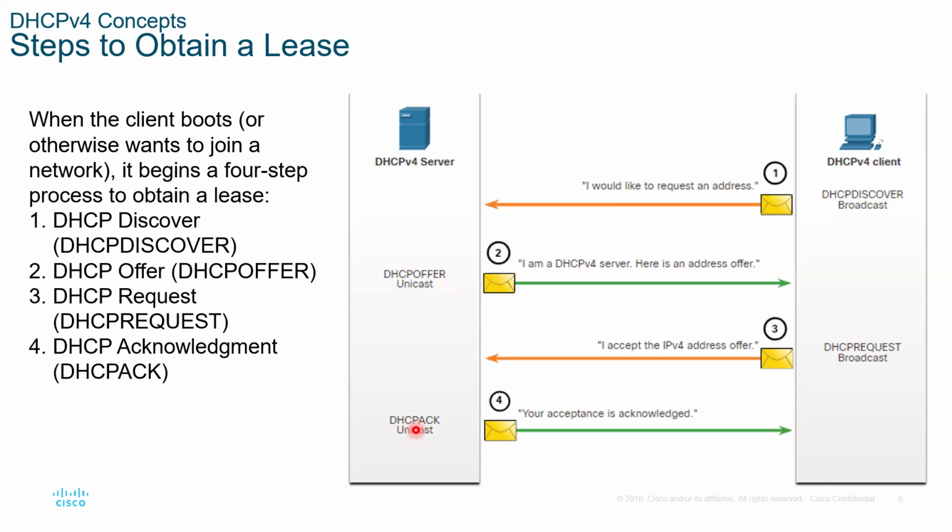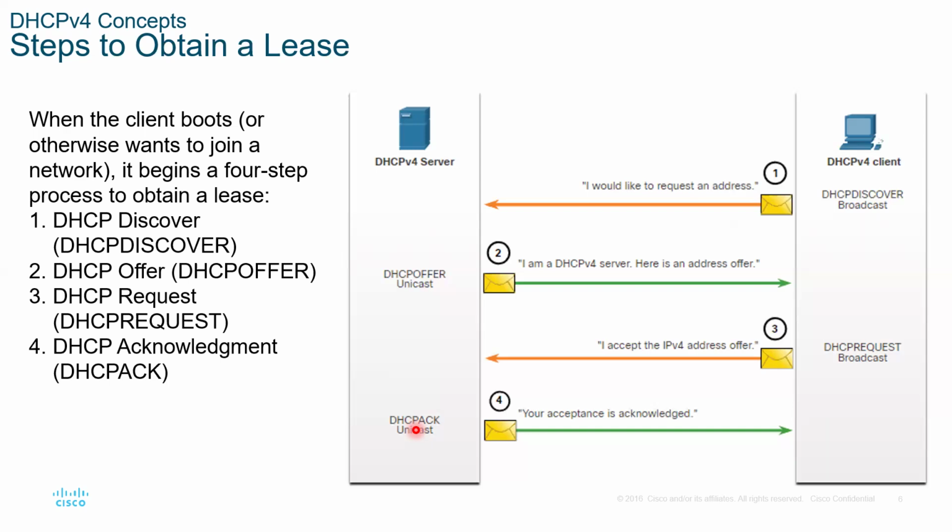A client broadcasts as soon as the end device enters the network or as soon as it's switched on, then it requests an address using a broadcast. This is broadcast to all devices in the network. To be more specific, it is targeted to servers in the network. All the servers in the network receive that message.